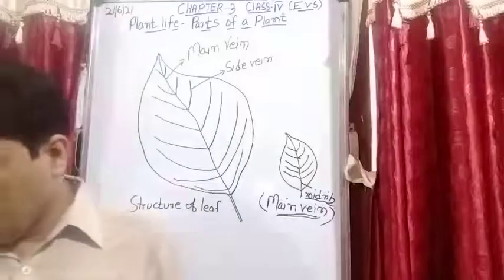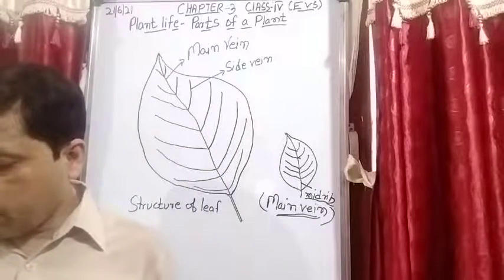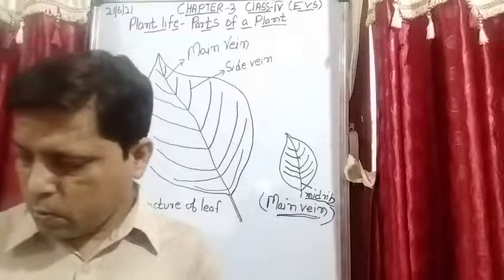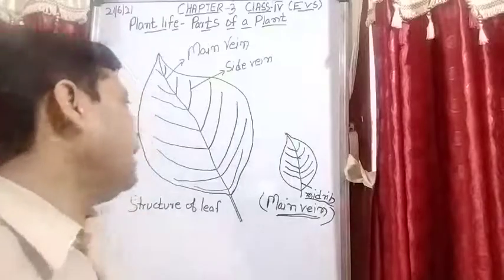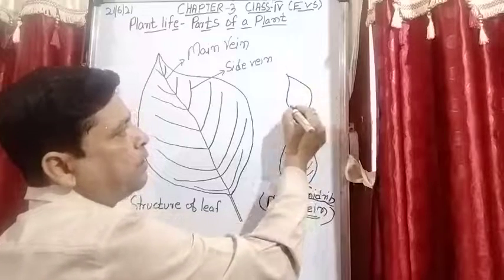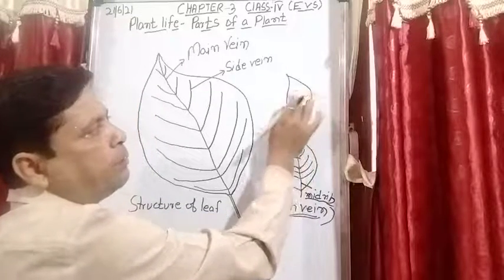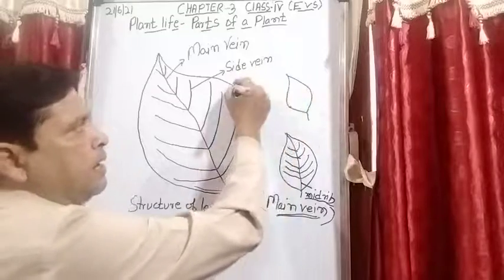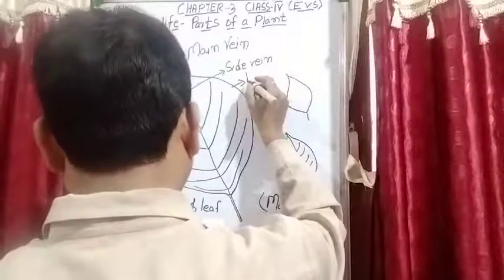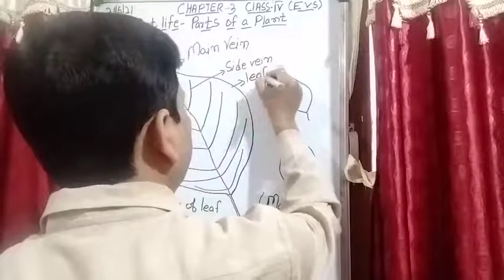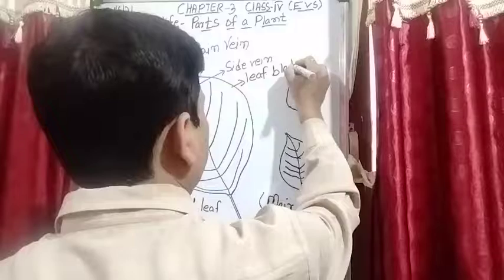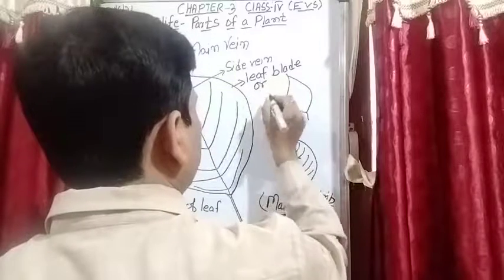And now next is the portion of the leaf. Is it clear? This flat broad part of the leaf, which I have drawn, this flat broad part of the leaf is known as lamina. You can say lamina and you can also say leaf blade. This is known as leaf blade, and you can also say lamina.